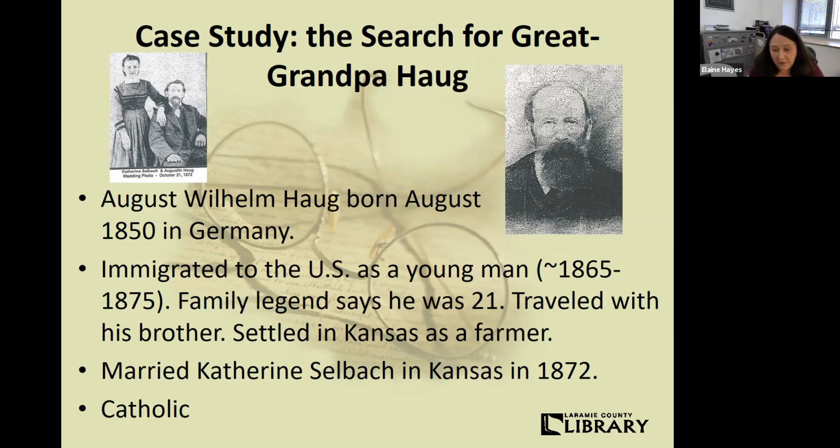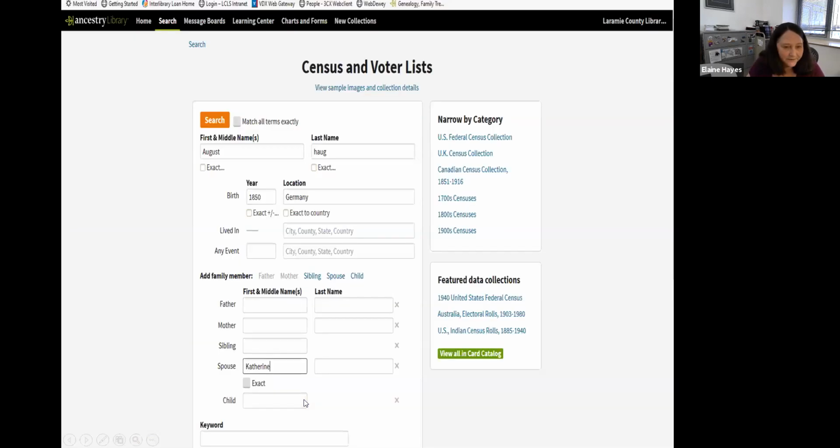I heard he was about 21, and that he came with his brother, and of course they settled in Kansas as a farmer. He married Catherine Selbeck, who was born in the United States, but her parents were German, in Kansas in 1872. I know he was Catholic. So I know a little bit about him, and all of these will be clues to help me find more about him in other databases.